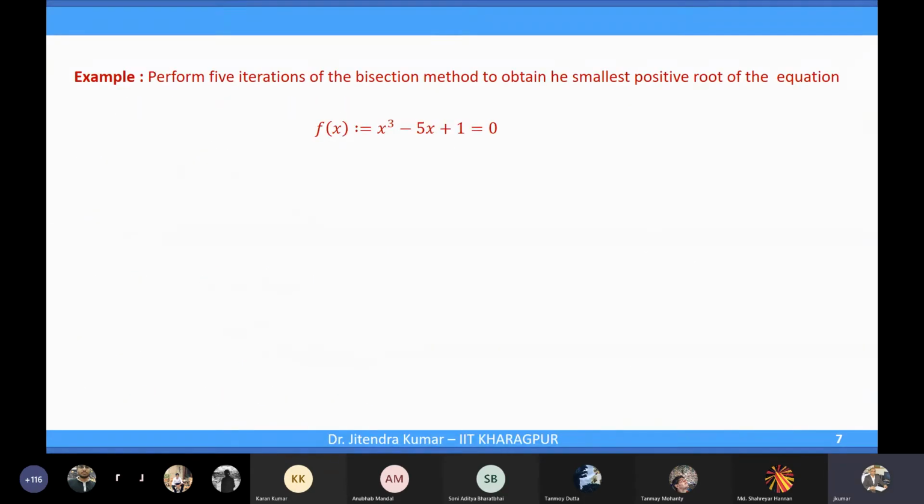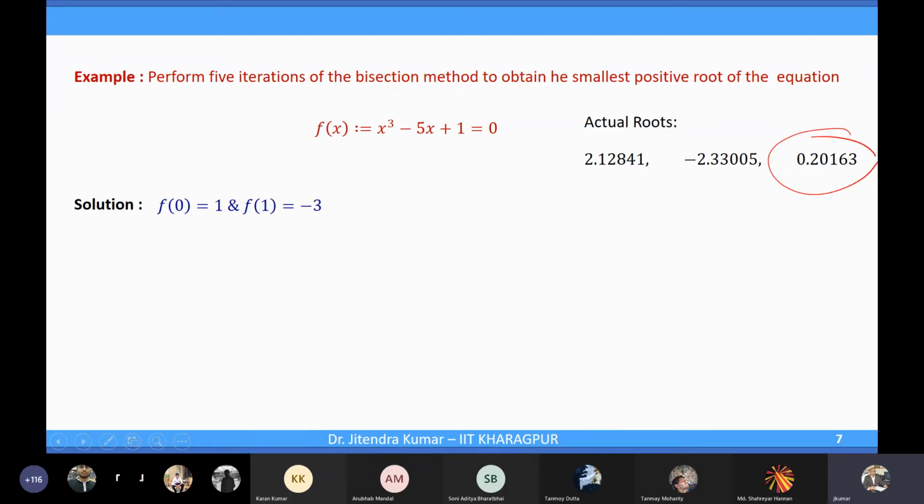So for example, here we want to find the smallest positive root of this equation in 5 iterations. If you look at the scenario, you have so many roots: 2.1, minus 2.33, 2.0 and so on. Smallest positive means we want to get this 0.20 basically. So we realize that f(0) is 1 and f(1) is minus 3.